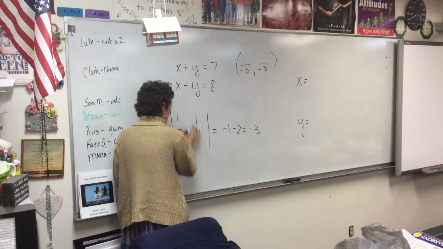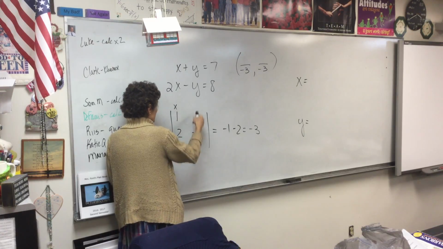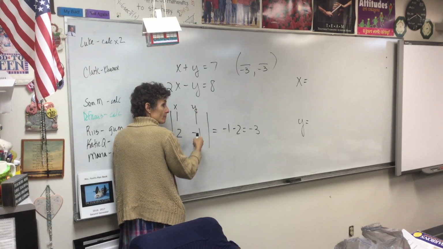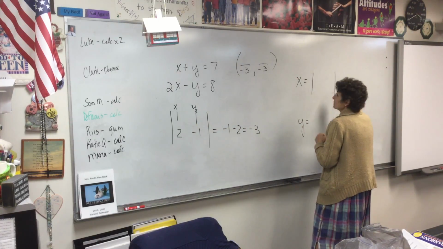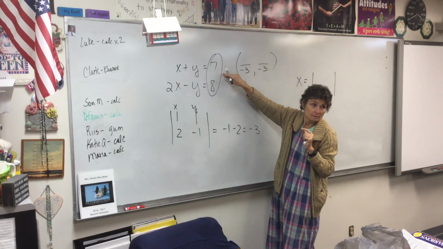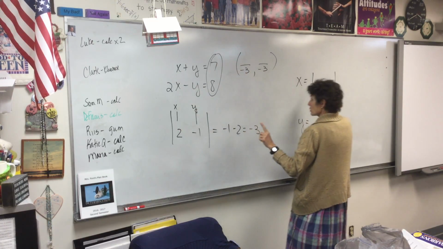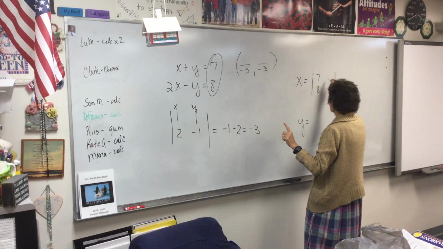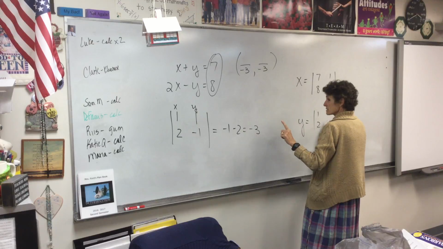Remember, when you built the original, this was the x numbers, and this was the y numbers, right? So we're going to take these right here, and we're going to paste them first on the x's, and then on the y's.